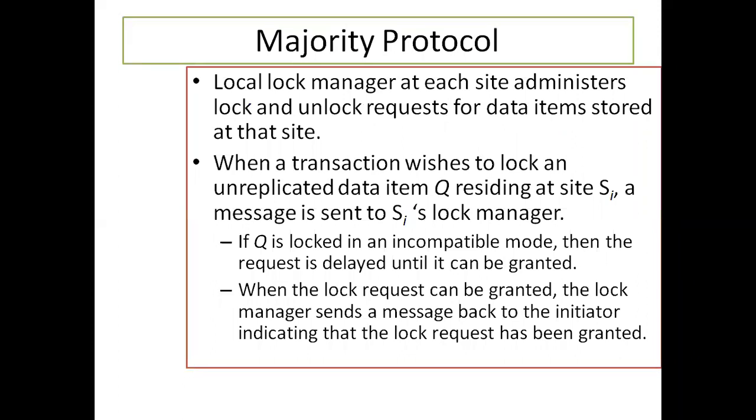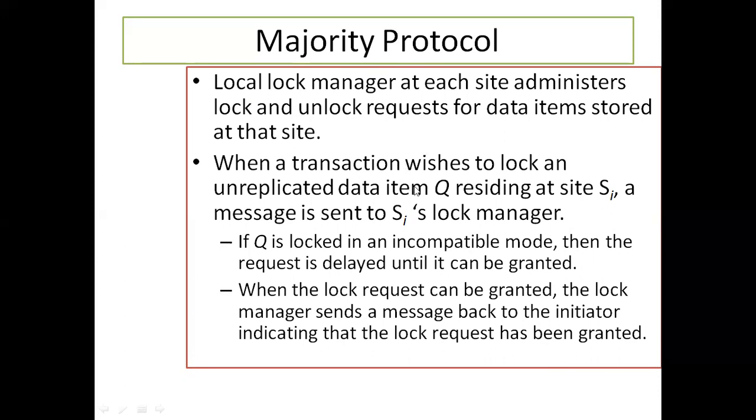Then we have discussed the majority protocol, and we have seen that in the case of the majority protocol, the local log manager at each site administers the log and unlock requests for the items stored at that site.